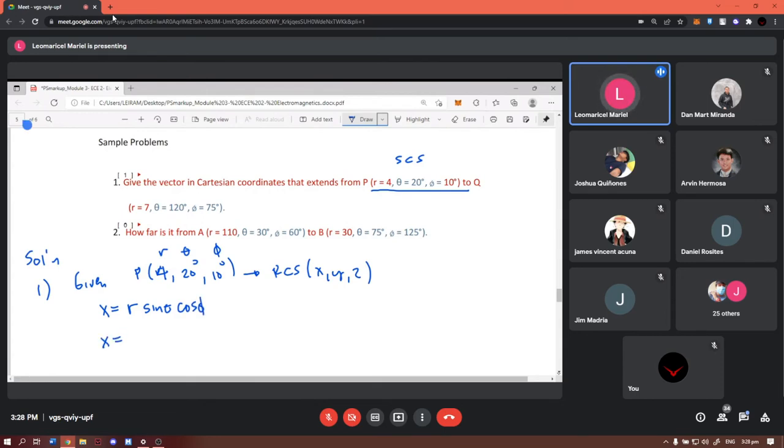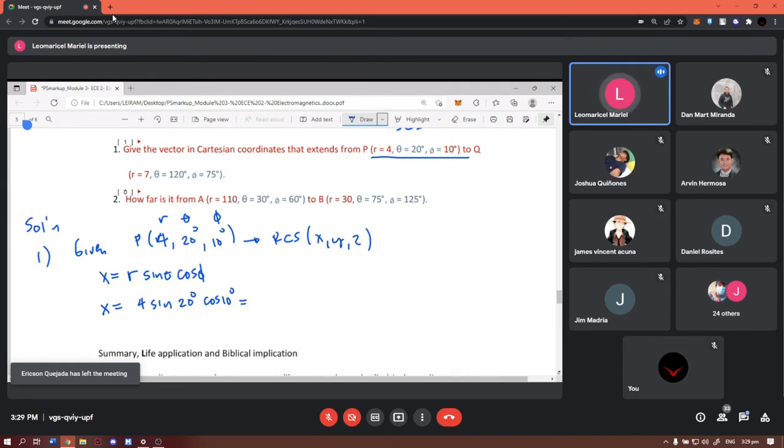What is R? 4. What is theta? Yung una, 20 degrees. Then cosine 10 degrees. So, ano yung value ng ating X? What is 4 sine 20 cosine 10? 1.3473 po.